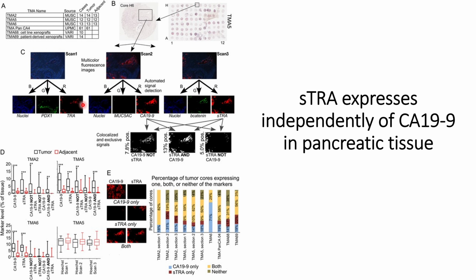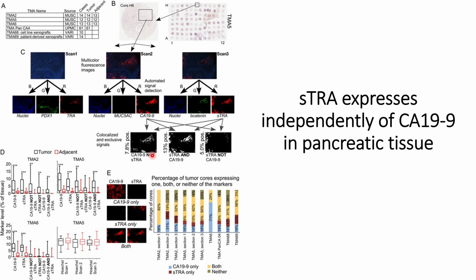In the second step they checked MUC5AC, which is almost not visible, and CA19-9. In the third step they checked beta-catenin and sTRA. After that they could find out whether there is overlap or not.